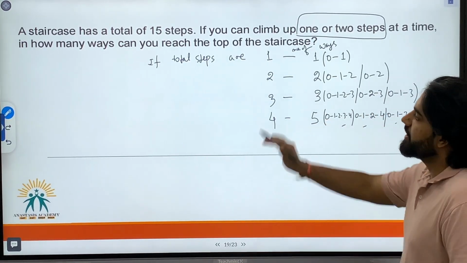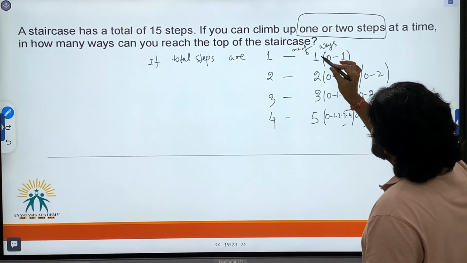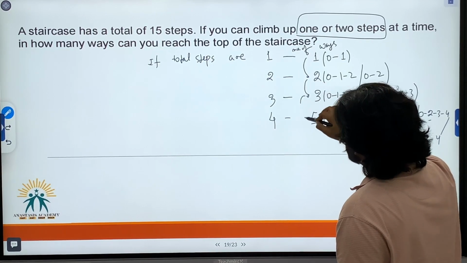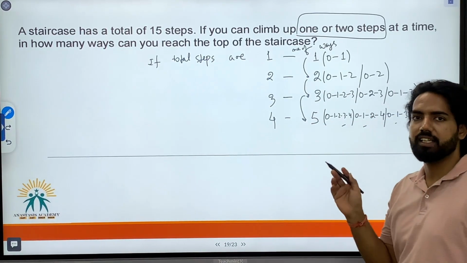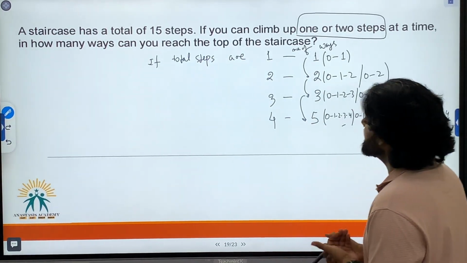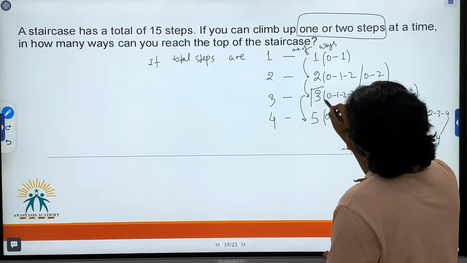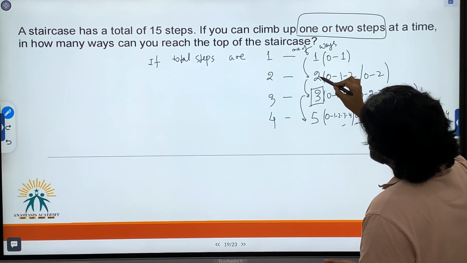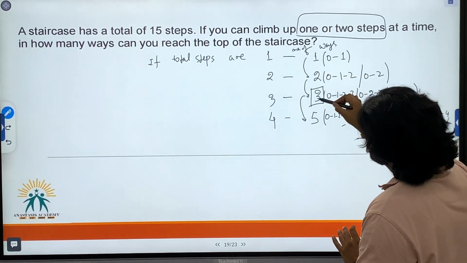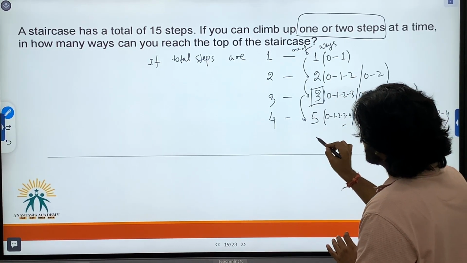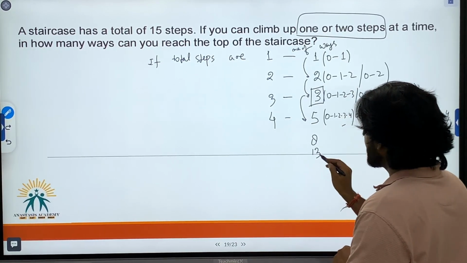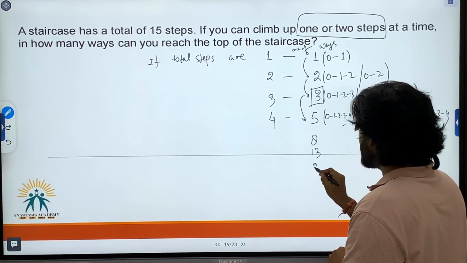Now, for different total steps, the number of ways comes out in a special series. And this special series is known as the Fibonacci series. Right? In the Fibonacci series, each term is the sum of the previous two terms. 1 plus 2 is 3. 2 plus 3 is 5. 5 plus 3 is 8. 8 plus 5 is 13. 13 and 8 is 21.